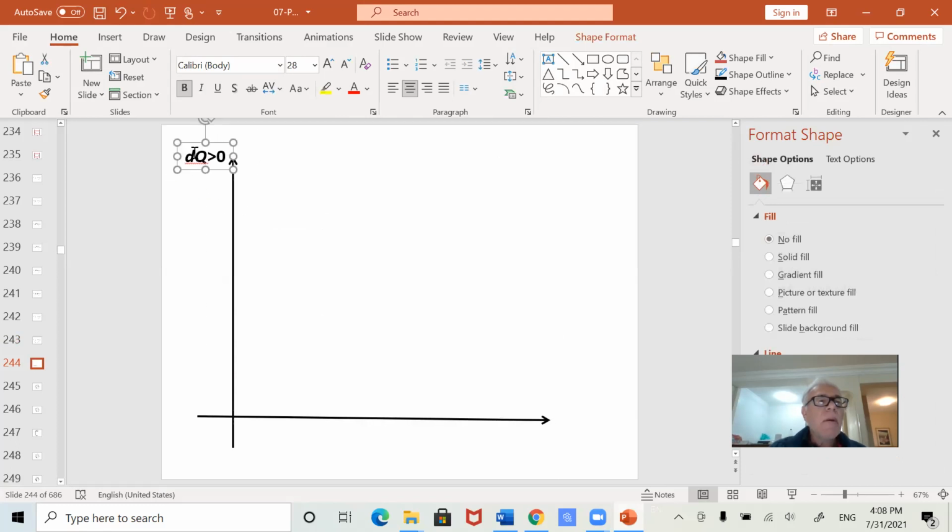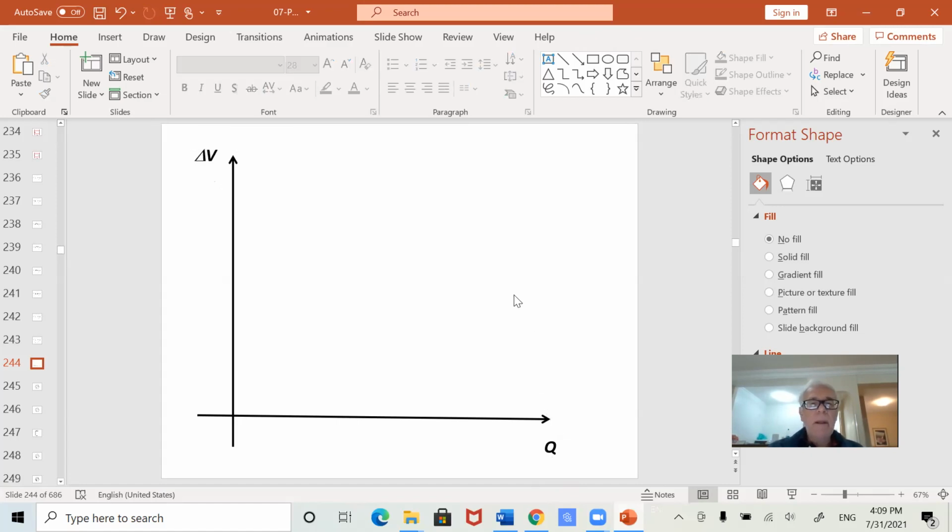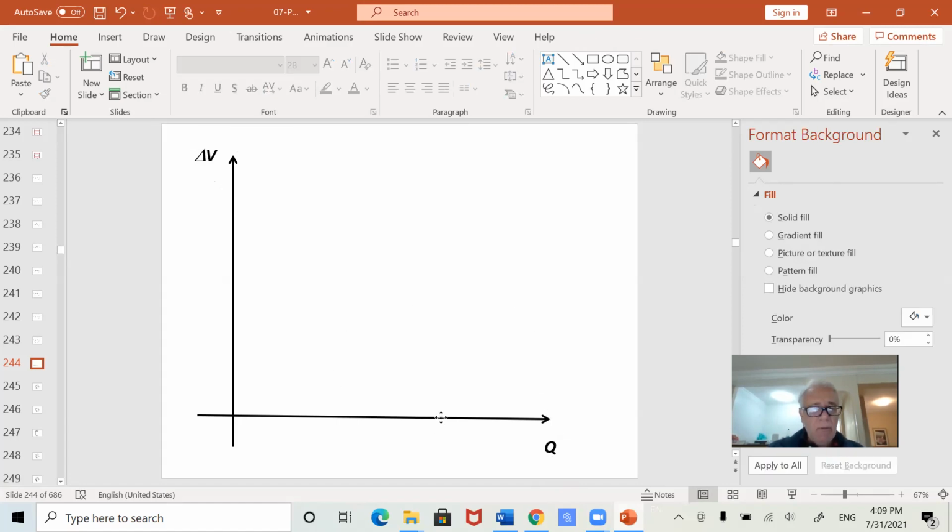I'm going to put delta V on this axis, and Q on the other one. Right in here. Gotta put the units there, of course, right?